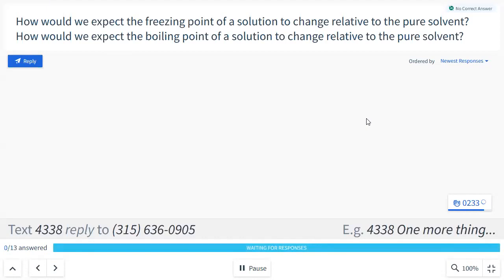So if I'm looking at water, what is its boiling point normally? 100 degrees. What is its freezing point normally? 0. Now, if I take that water and substitute a solution of sodium chloride, like in the last example, how do I expect that 0 and that 100 to change?